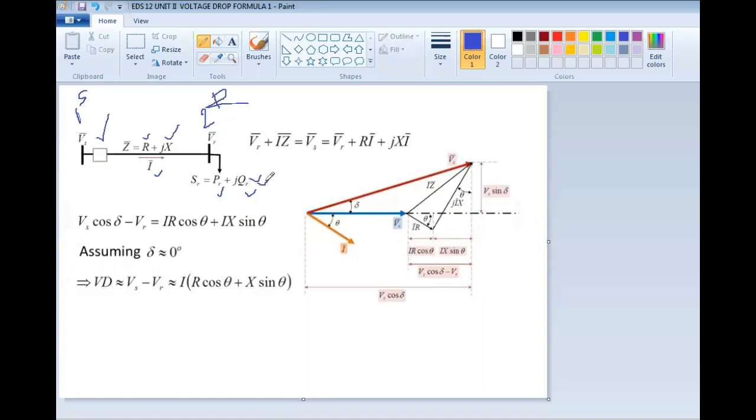Now we can apply KVL. The sending end voltage should be equal to the drop across the feeder plus the receiving end voltage.